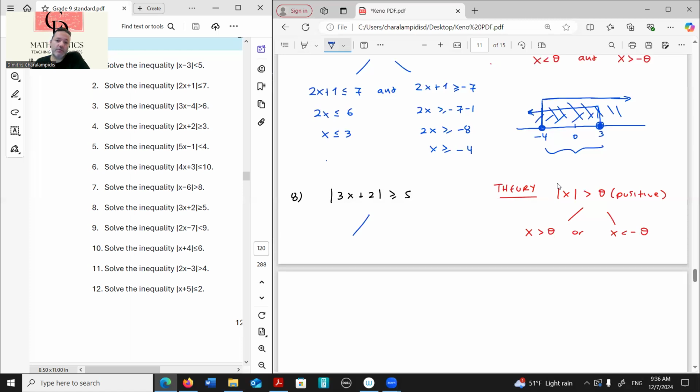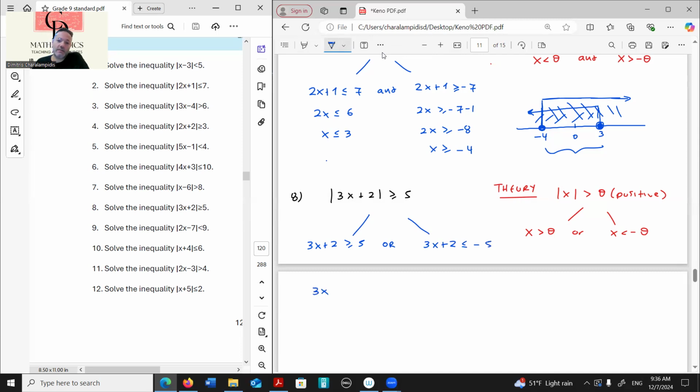In this case, we would start by splitting that into 3x plus 2 greater than or equal to 5, or, see, I did a mistake here, be extra careful on the wording, or 3x plus 2 less than or equal to negative 5.